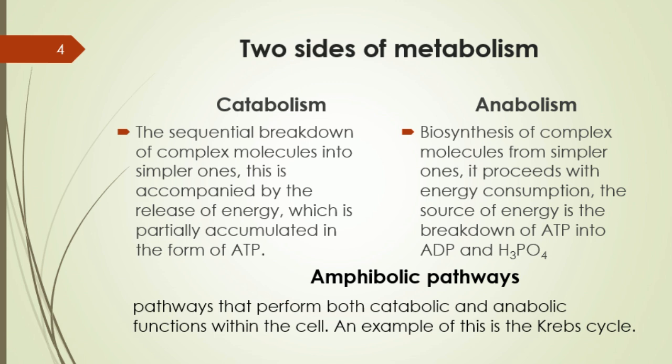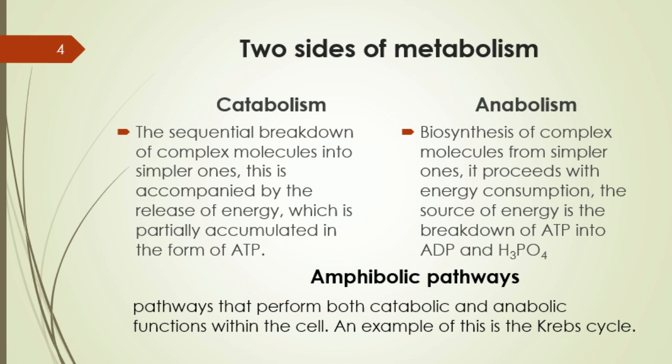Anabolism is the phase of metabolism during which the biosynthesis of complex molecules, proteins, lipids, and polysaccharides occurs from simple precursors. The processes of biosynthesis proceed with energy consumption. The source of this energy is the breakdown of ATP into ADP and inorganic phosphate.